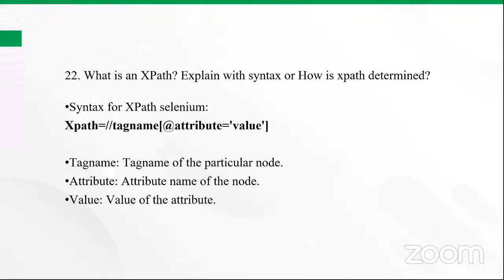Okay, and the syntax of XPath is you give double forward slash, then you specify the tag name, open the square brackets, you give the @ symbol, you give the attribute, and then the value. The tag name specifies the tag name of the particular node, attribute specifies the attribute of that node, and value specifies the value of the attribute.